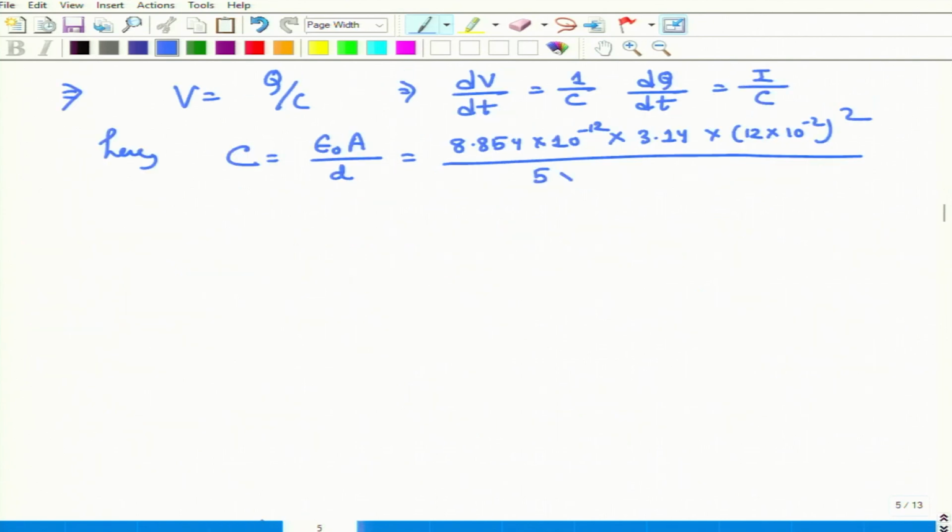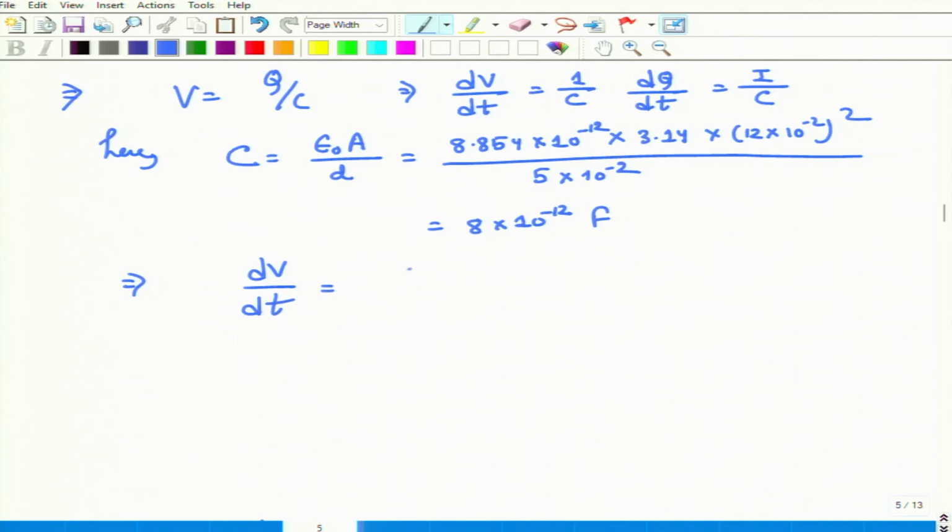Now if we put d, then it will be 5 into 10 to the power minus 2. So if we put this value, then we will obtain 8 into 10 to the power minus 12. Okay, so it is the capacitance C. Now the second part, rate of change of potential difference, that means dV dt.